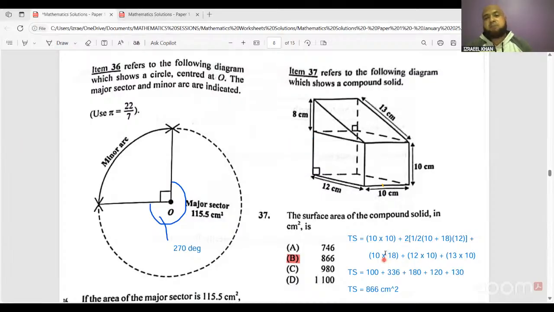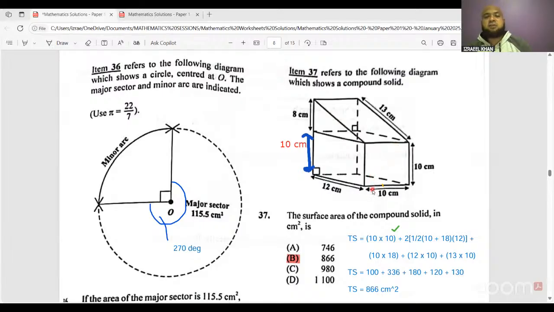Plus 10 by 18. Where did I get 10 by 18 from? Well, the back face would be 10, according to this, by length 18. So that's the back face here. 10 by 18. That's this.